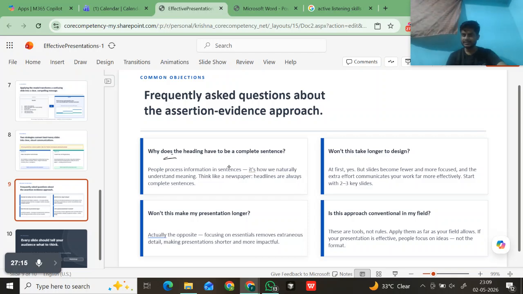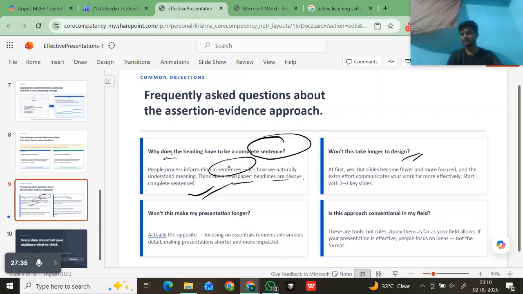So why does the heading have to be a complete sentence? You know the answer now, right? People process information in sentences because people learn in sentences, right? It is how we naturally understand meaning. Think of newspaper headlines, which are always complete sentences. Won't this take longer to design?